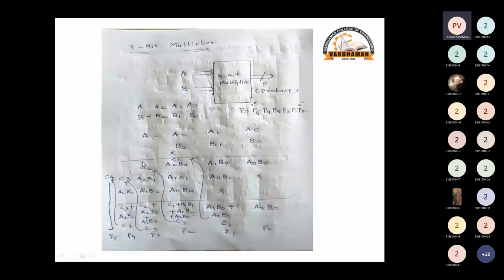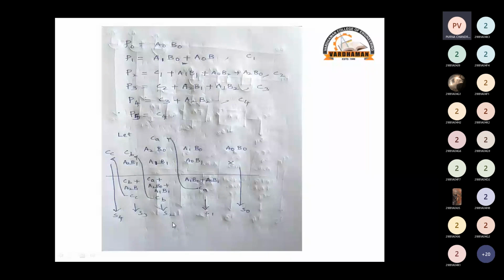Instead, we can divide it into 2 parts. First we consider the above part. Here we have some sum outputs and carry outputs. The carry outputs are CA, CB, and CC. The sum outputs are S0, S1, S2, S3, and S4.